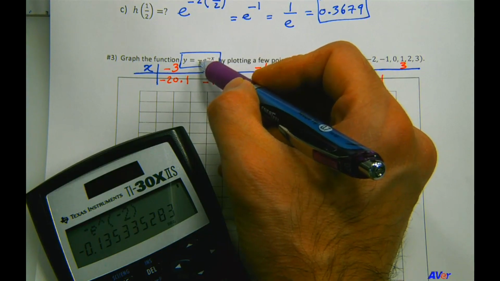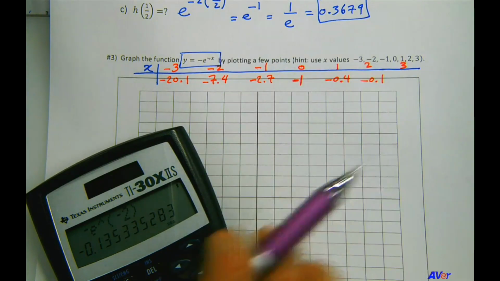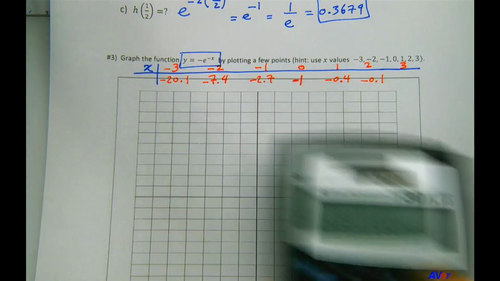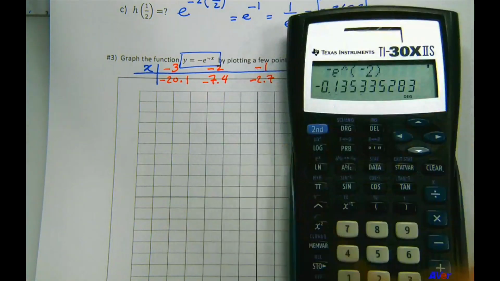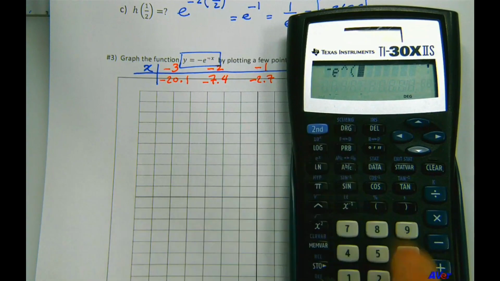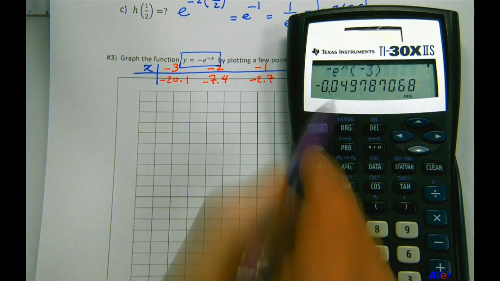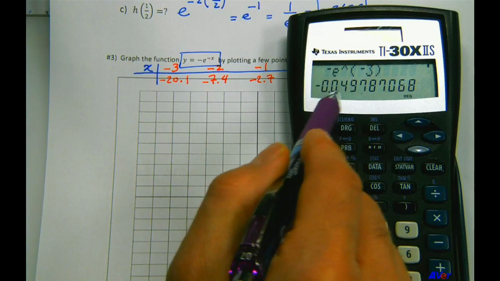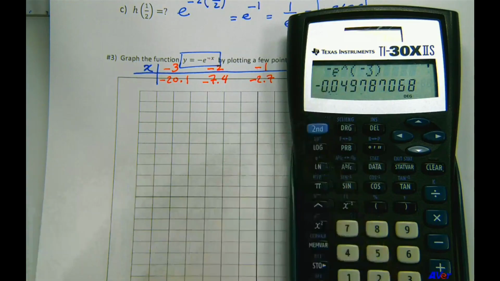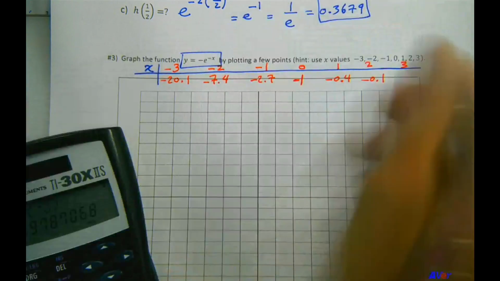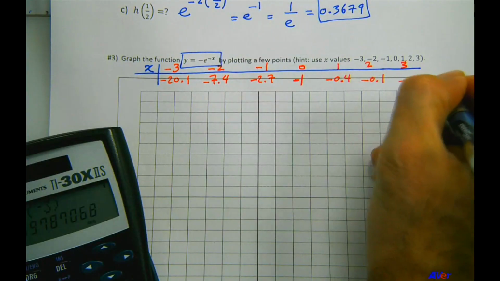So, minus e to minus 3 power, and we have minus 0.04. So I'm going to round this to minus 0.05.